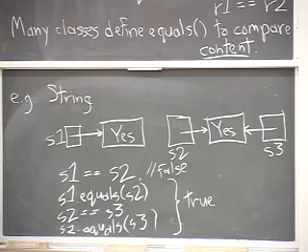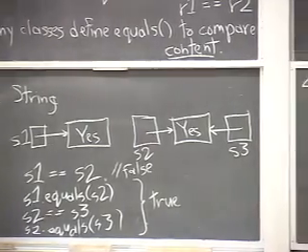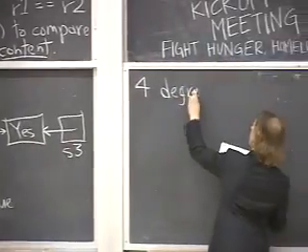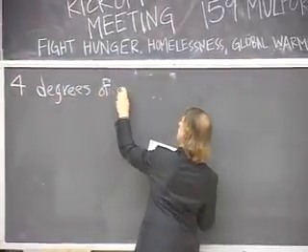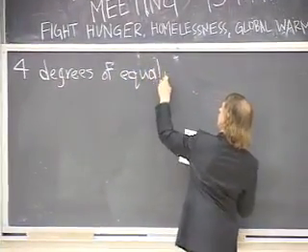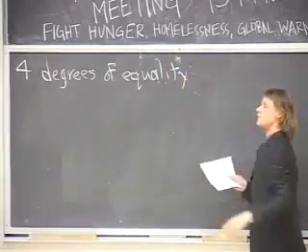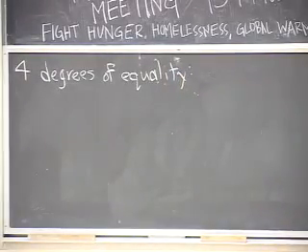Now, a lot of classes redefine equals, and they can redefine it in a lot of different ways, depending on what they want to do, what they care about. So there are at least 4 different degrees of equality that different classes might use in the equals method.